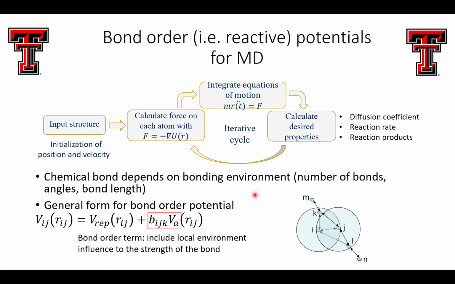Obviously, this is how MD works. The main difference in this case is that these are not two-body potentials. As this is a reactive model, they have much higher correlations in there. So the force field on an individual atom depends on its neighborhood, if there are other atoms around it.